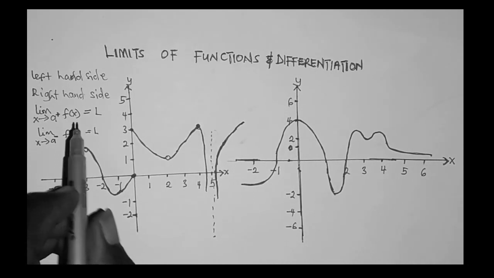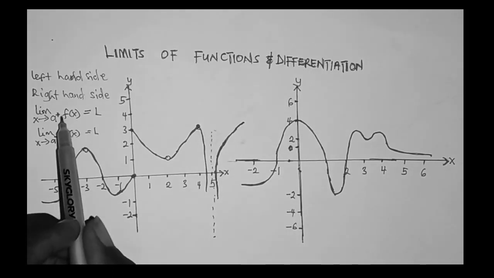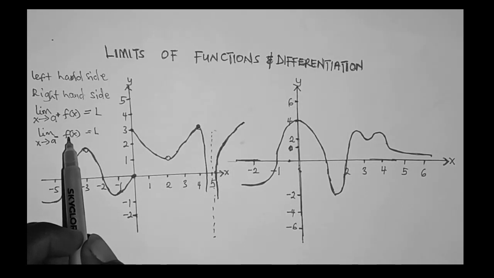So now when do we say a limit doesn't occur? By the way, let's first understand the definition of a limit. When the limit of the function on the left equals the limit of the function on the right, and this value also equals the value of the function, then we say the limit of that function occurs.